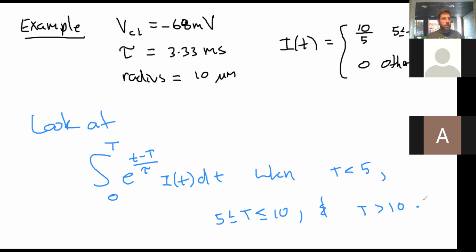So you have to look at this in 3 different scenarios. And remember, graph this thing. If you want, graph what the inside of that integral looks like, e to whatever I is. So you got to be subtle here if you want to get this problem correct.